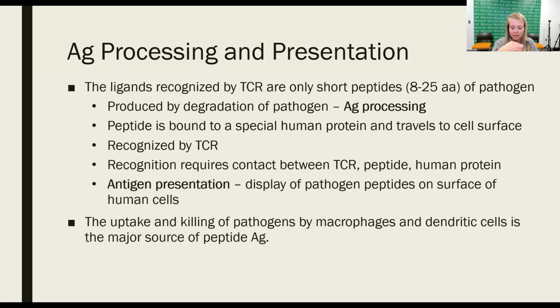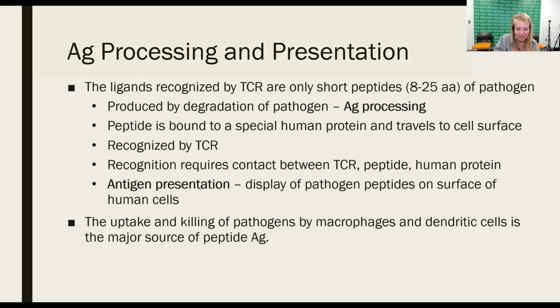This is where a different cell will take the antigen that it has processed and made into tiny little peptide pieces, fragments, add it to or load it onto this human protein, put it out on the surface and display it. That's presentation. There are a few cells that are really, really awesome at antigen processing and presentation. And those are macrophages and dendritic cells. B cells are also going to be included, but at a later point.